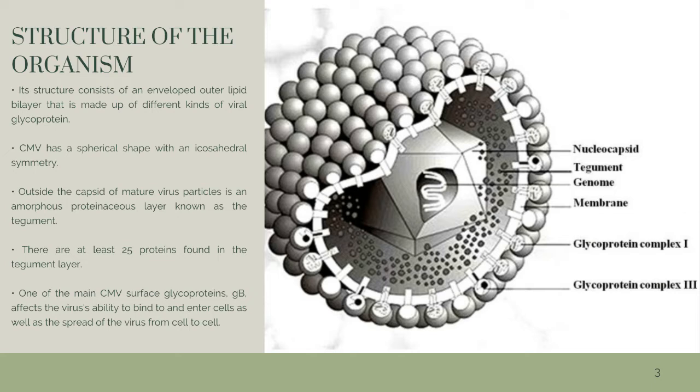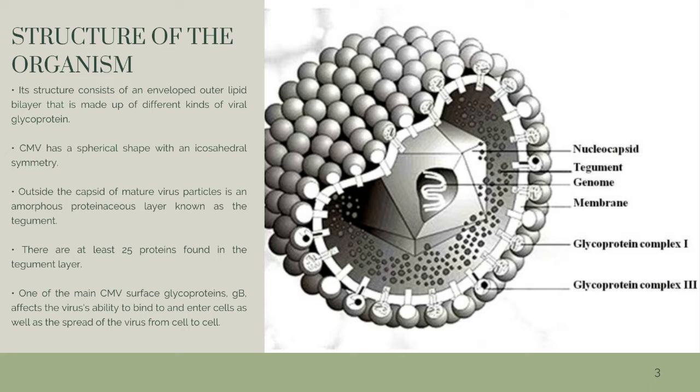If you're not familiar with the term, an icosahedron is basically a polyhedron with 20 faces. The icosahedral protein capsid of CMV has an average diameter of 100 nanometers and is made up of 162 hollow hexagonal and pentagonal capsomeres with an electron-dense core holding a 230 kbp double-stranded DNA genome, which forms the nucleocapsid.